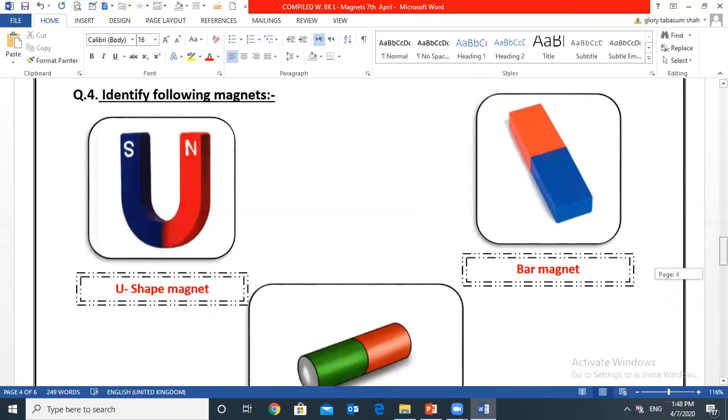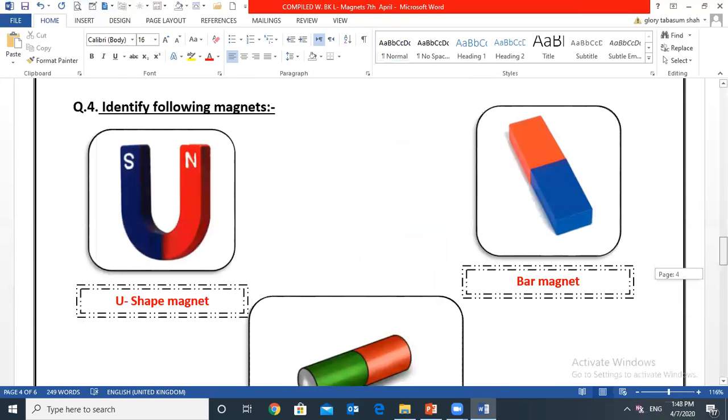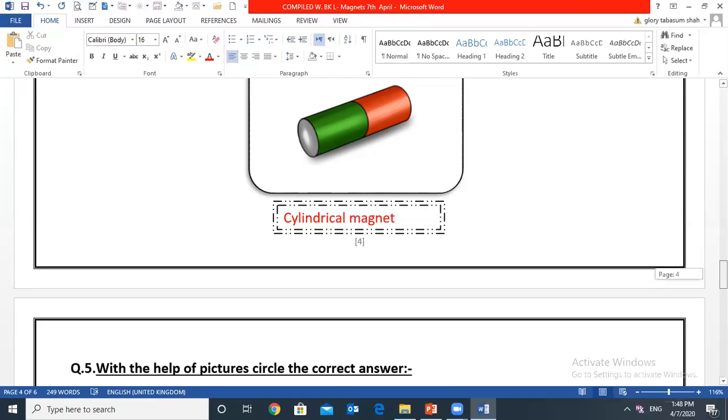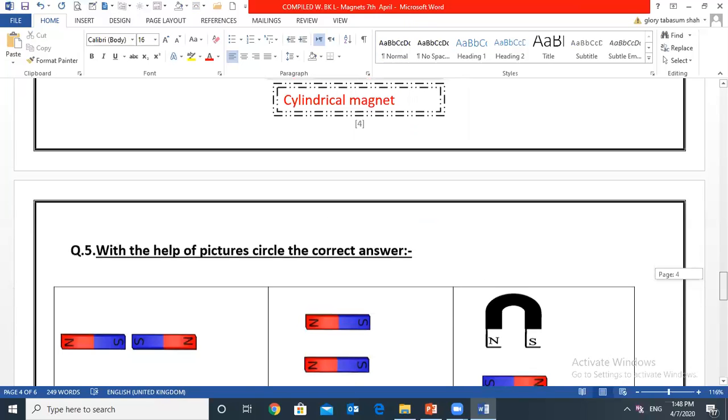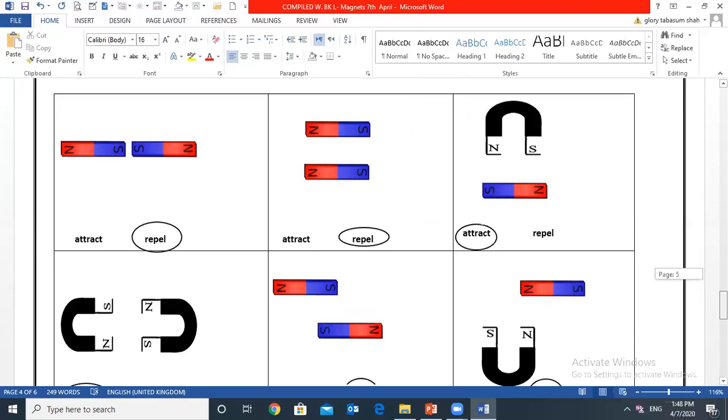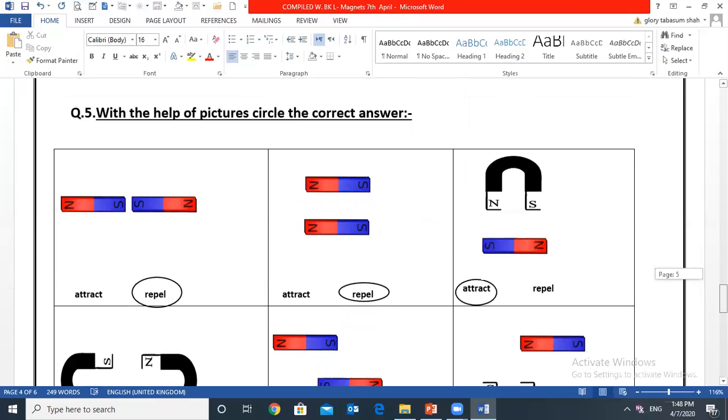Okay. U-shaped magnet, bar magnet, cylindrical magnet. Correct.